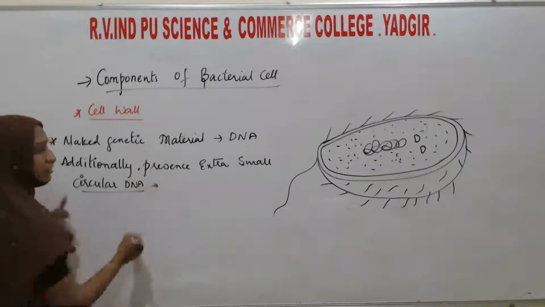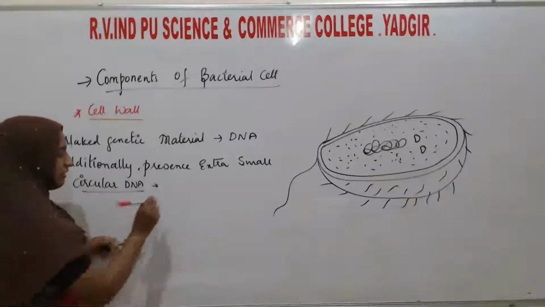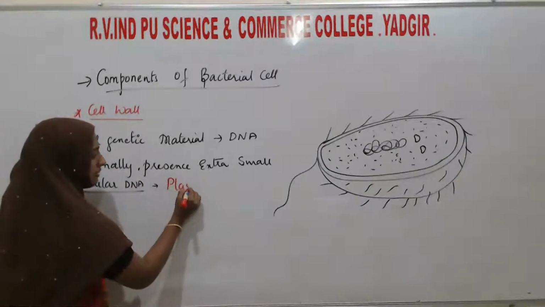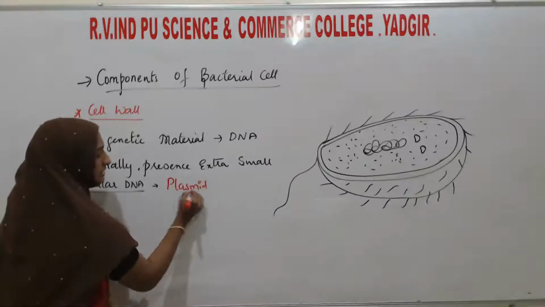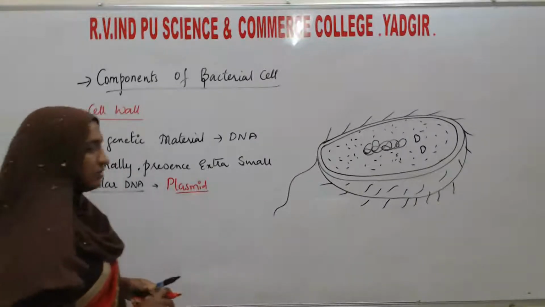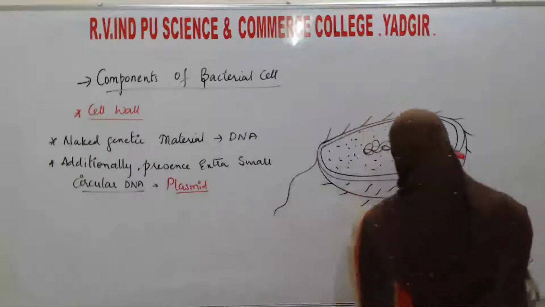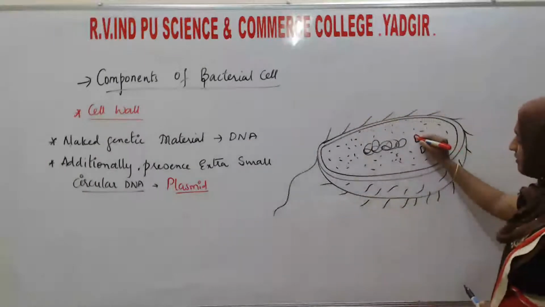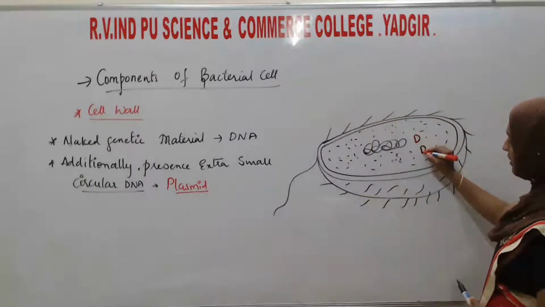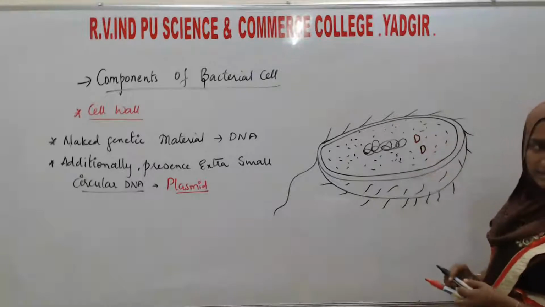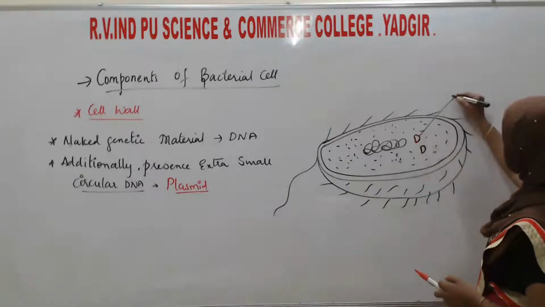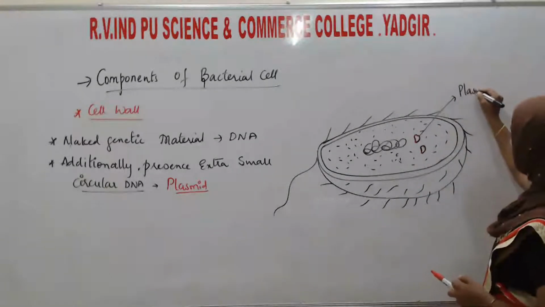This extra small circular DNA is known as the plasmid. What is it known as? Plasmid. I will show you here where it is. These are the extra circular DNA of the bacterial cell. So these structures you can call the plasmid.